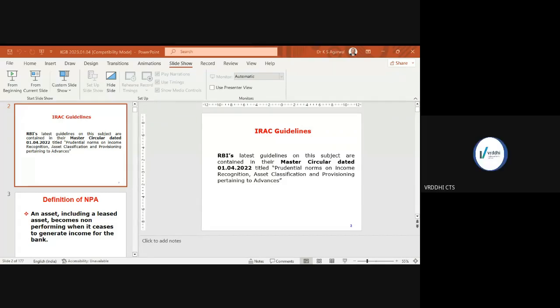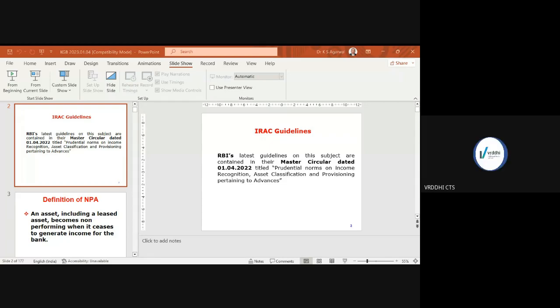Excuse me. For me, I am still seeing the IRAC guidelines. This next slide is not coming. So I think the same thing will be happening with the other participants. Are you all seeing the slide? Which slide are you seeing now? IRAC guidelines only.